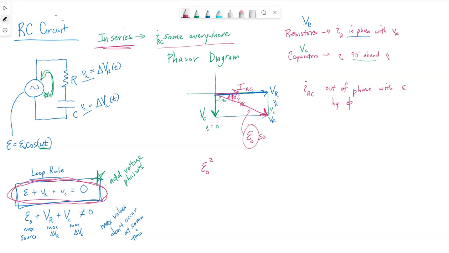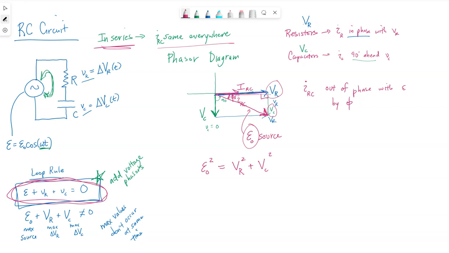This source voltage maximum value is the hypotenuse of a triangle that has one side being VR and the other side being VC. So Pythagorean theorem, I could say the source voltage squared, the hypotenuse squared, is equal to the resistor's peak voltage squared plus the capacitor's peak voltage squared. That's just Pythagorean theorem. One side squared of my triangle plus the other side squared has to equal hypotenuse squared.